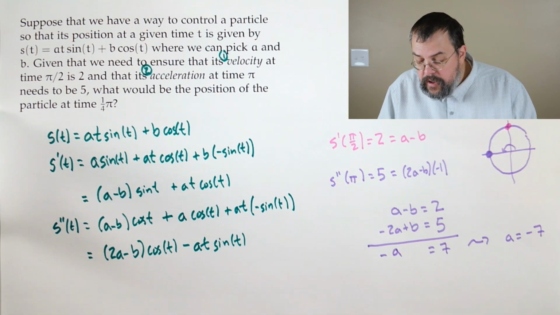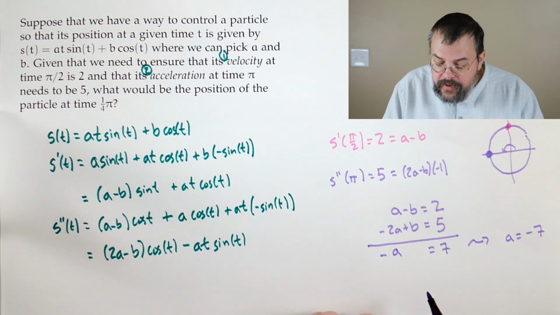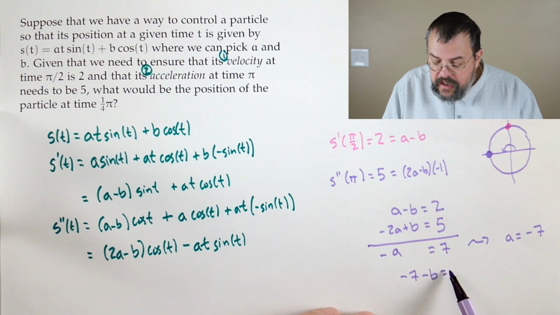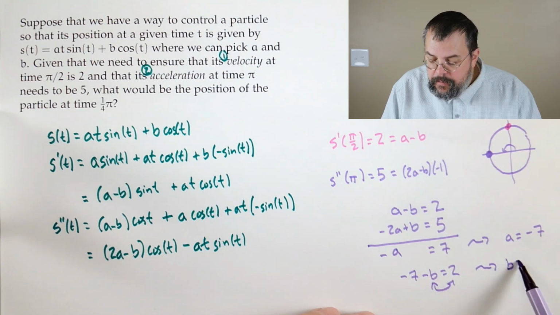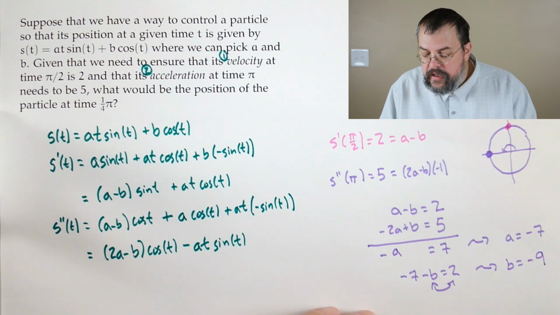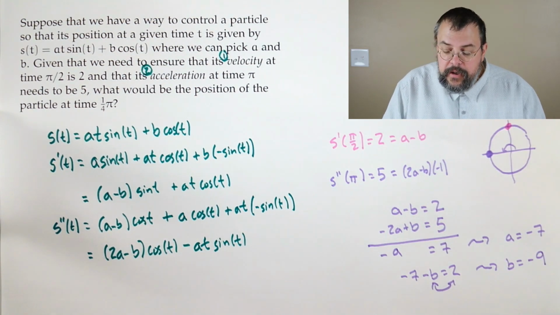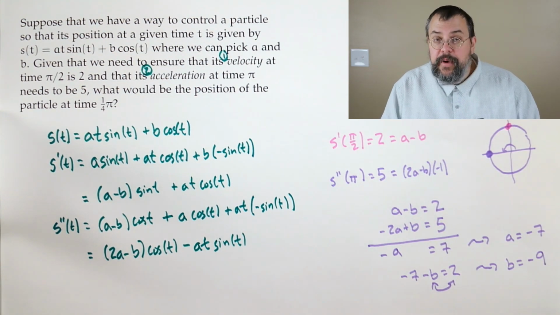All right. Well, if a is negative 7, what does that say? Negative 7 minus b equals 2. So if we swap the b and the 2, that tells us that b has to equal negative 9. All right. Well, so those are our values for a and for b.